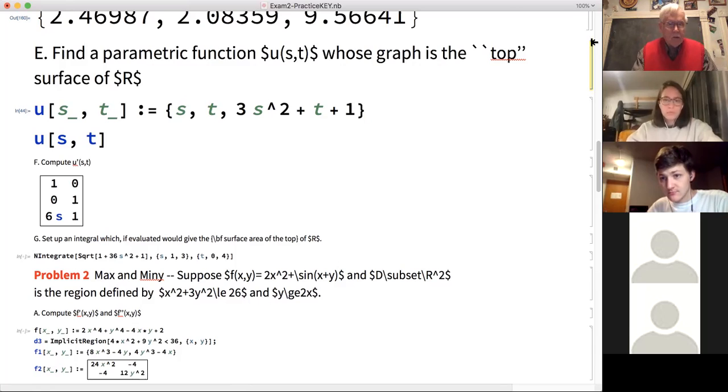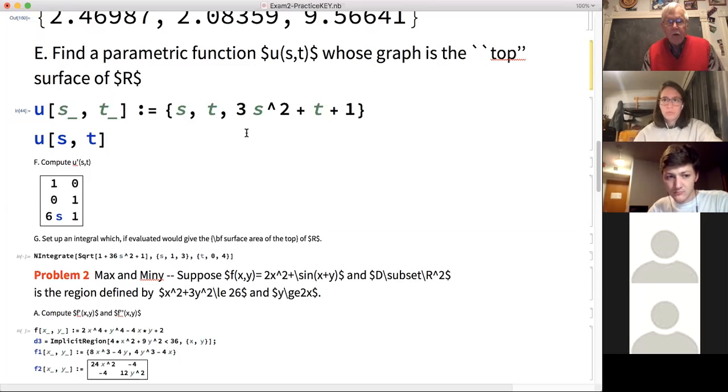And so here I used an s and a t. So u of s and t is s and t. And so s is the x, so it goes between 1 and 3, and t will go between 0 and 4.